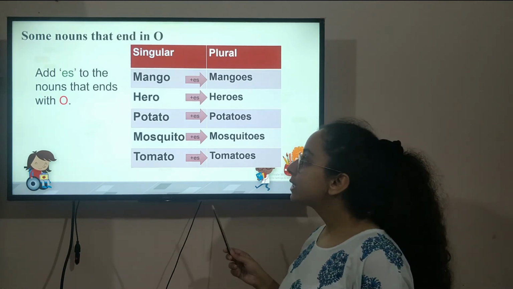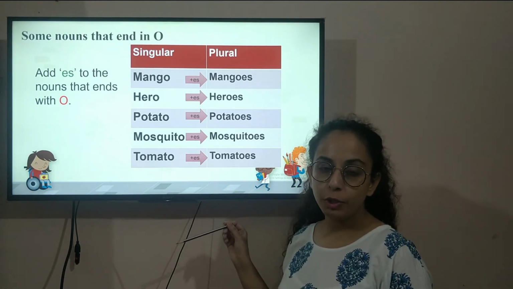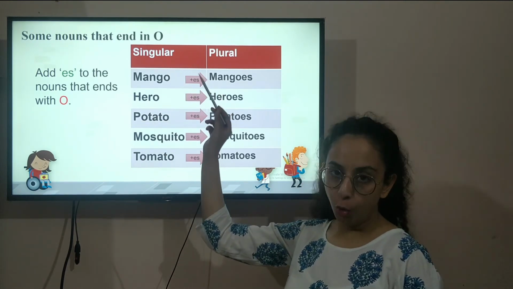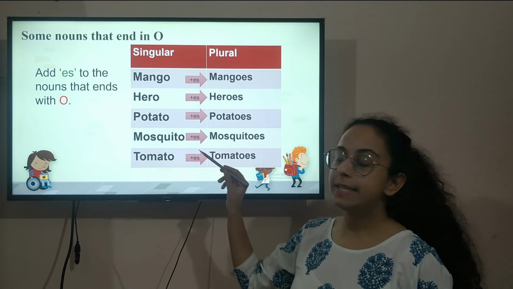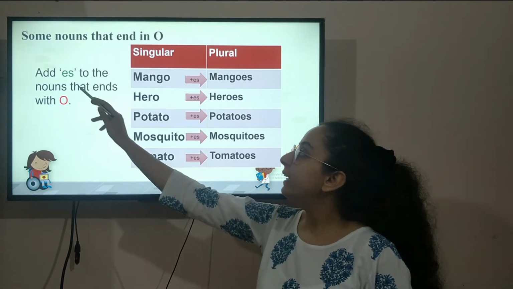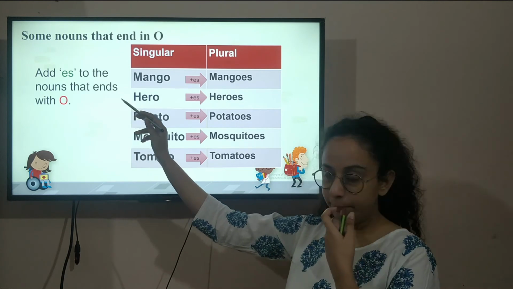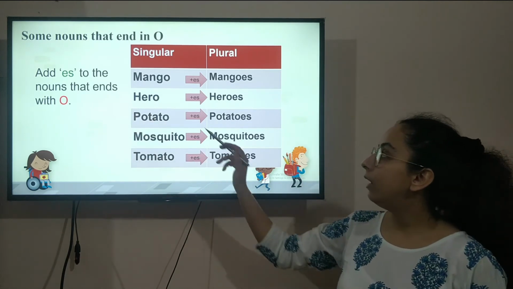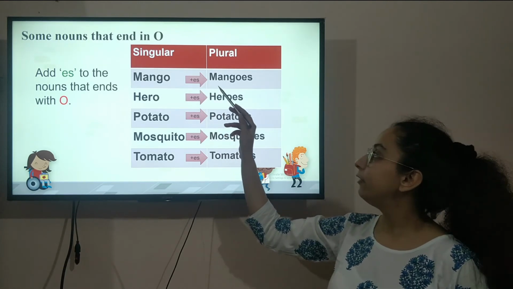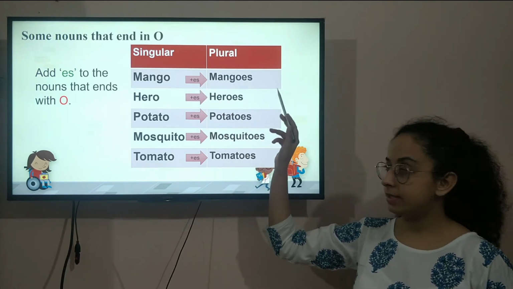Okay, so this rule is also similar to rule number 2. Some nouns that end with o, the words that end with o, we add es after them. Okay, so like mango, add es after this, it will turn into mangoes.